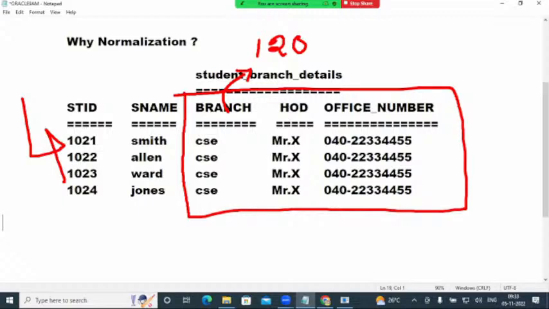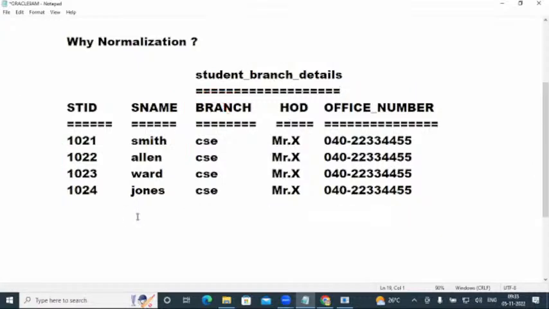So this is one of the biggest problems when you store 2 different related data in one table. Got it? So that means the first drawback, that is called disadvantages.